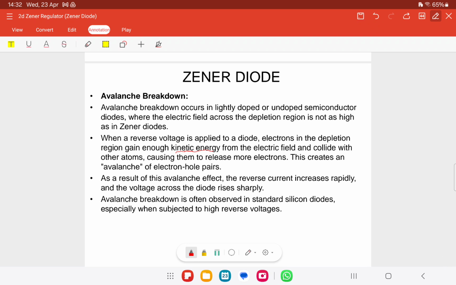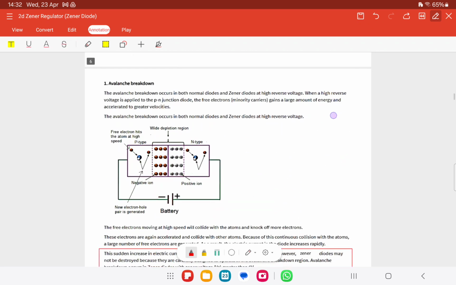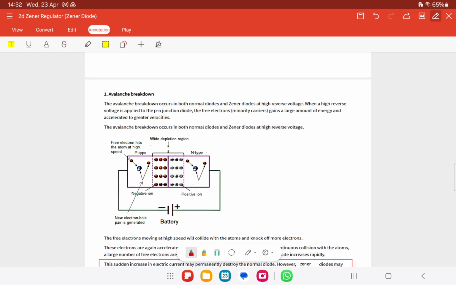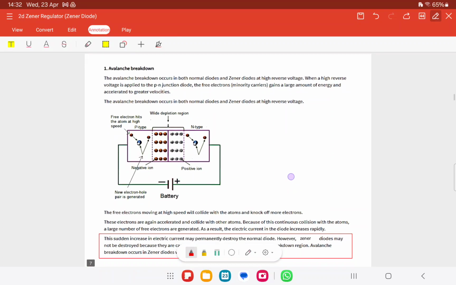The more they collide, they will hit the one beside, and it will hit again, like when we play bumper cars. The concept is more or less like that. This one I had to go a bit fast because we need to go to the calculations part for this 2D. For further explanations, if you feel there are a few slides I did not explain in detail, you can go through the recording, the previous recording, not this recording. Alright, so this is for avalanche breakdown.